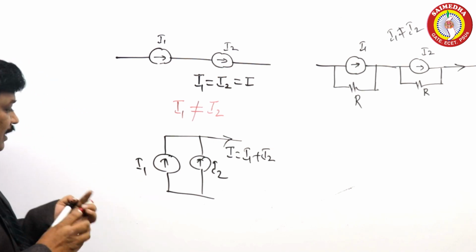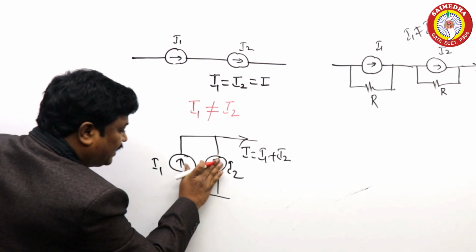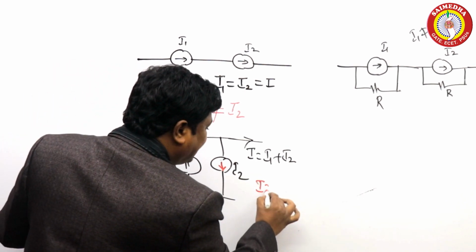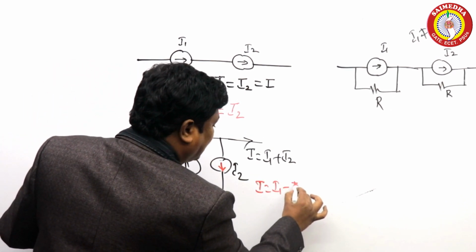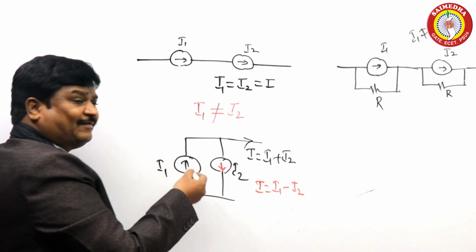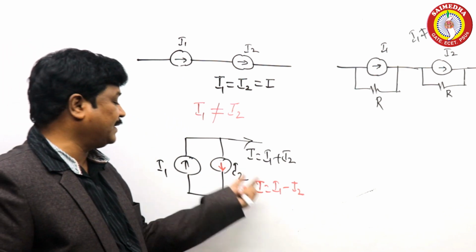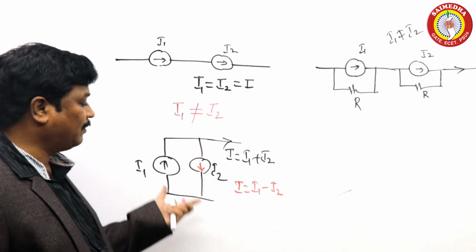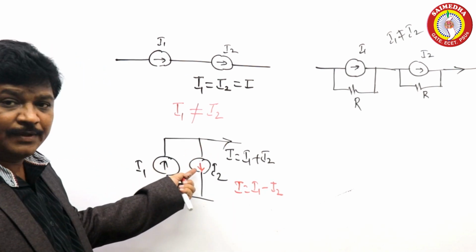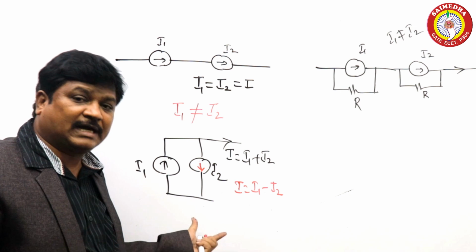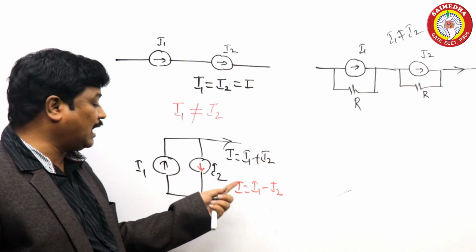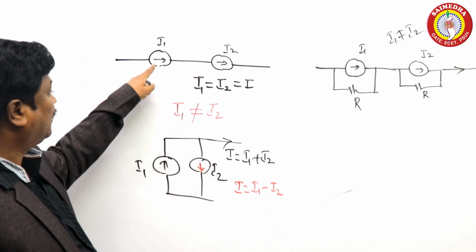If this direction is reversed, under that condition, I equals I1 minus I2, whether I2 minus I1 or I1 minus I2 depending upon the magnitude and direction of the current. That should not be a problem. Parallel connection, ideal sources, unequal current sources, we can connect. Resultant current is I1 plus I2 or I1 minus I2.